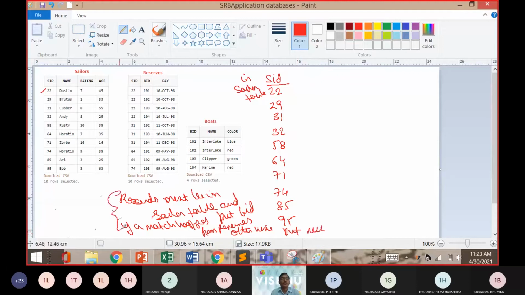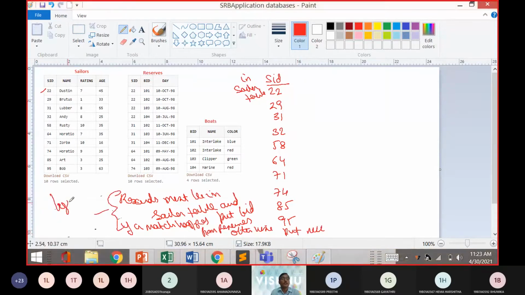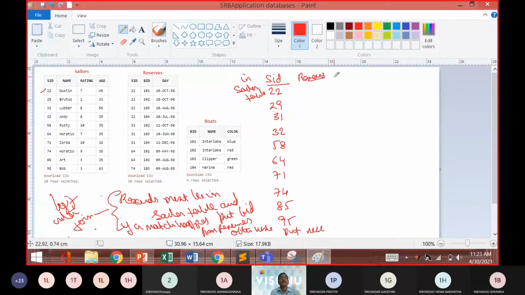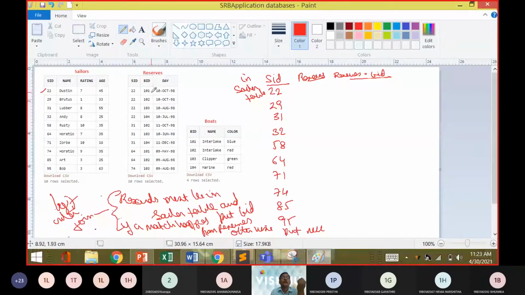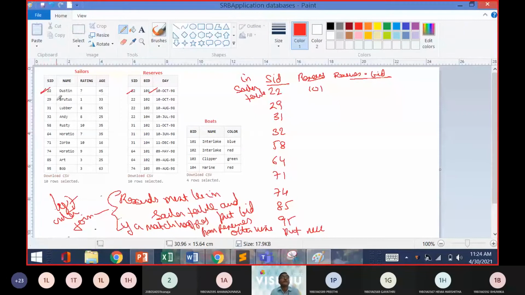So this is all regarding the left outer join. Now I'm going to put Reserves, and in this Reserves, I'm going to take reserves dot boat ID. So 22 exists, right? 22 is going to exist and he gets 101. No problem. 22 is available in both tables. How about 29?